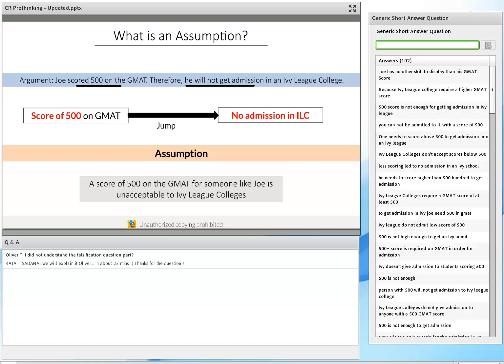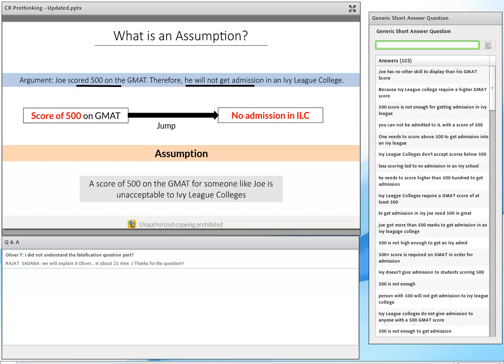So the point that I want to prove is, if you understand the logic of an argument by visualizing the conclusion and understanding the facts behind it, coming up with assumptions is a very natural exercise. So the reason why you also struggle is because A, you don't visualize the conclusion in a formal fashion, or B, you don't visualize the facts behind it.